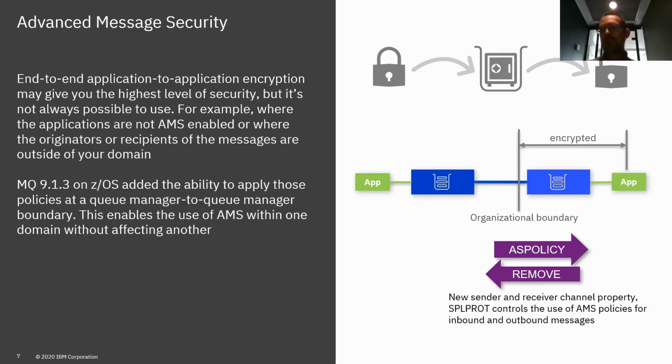And the inverse is true as well. When a message comes in that isn't protected by AMS but needs to be, because that's that organization's particular requirement, MQ will automatically encrypt it on the organizational boundary as well. Here I'm talking about the sender and receiver channels on that organization.